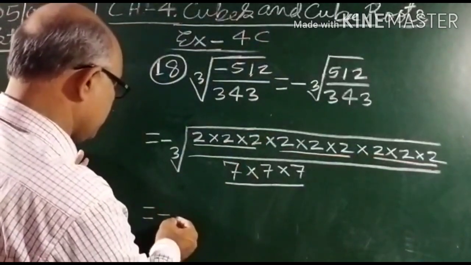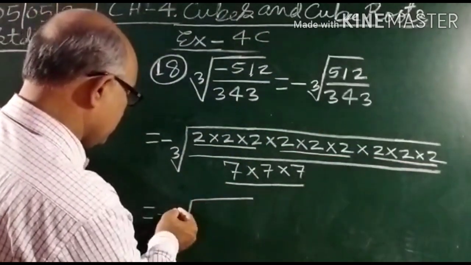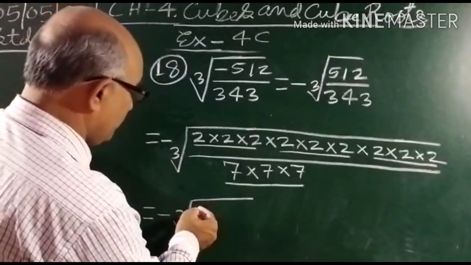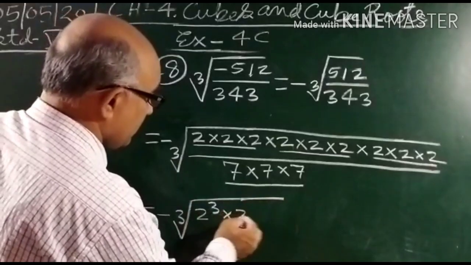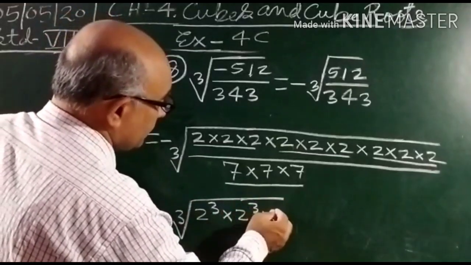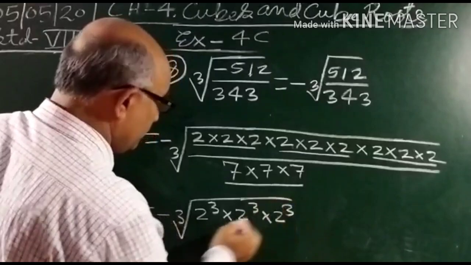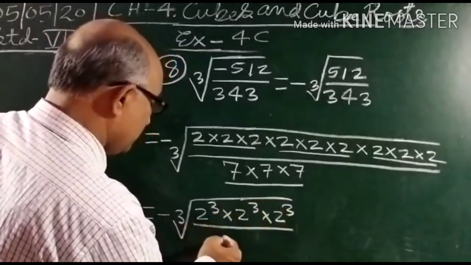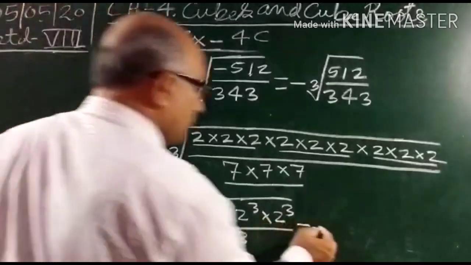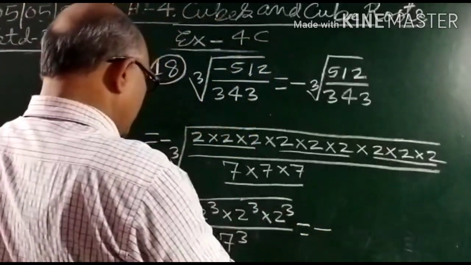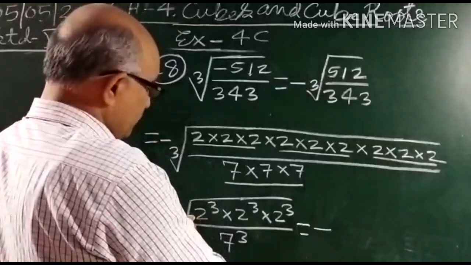Now cube root of 2 cube into 2 cube into 2 cube, and 7 cube, equal to minus cube root of 2 cube.